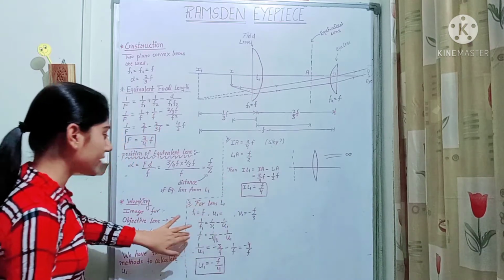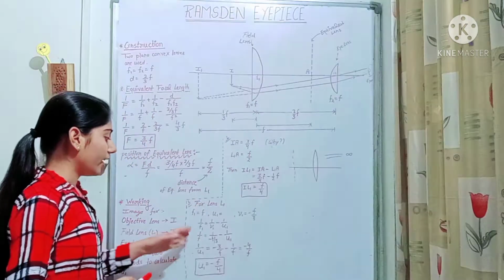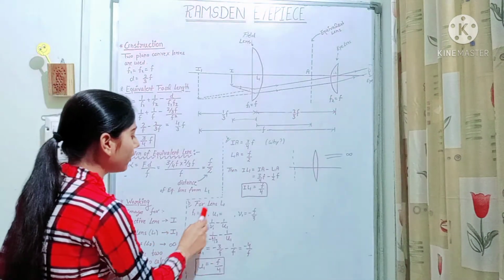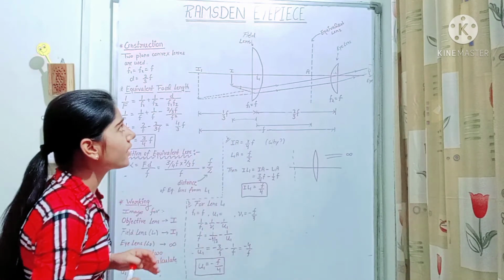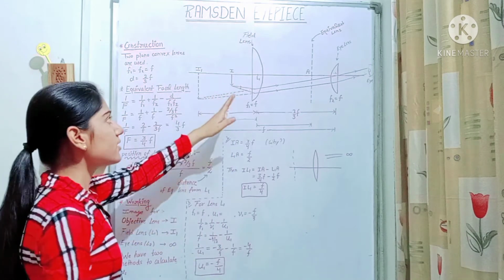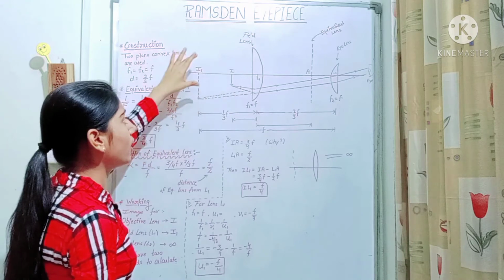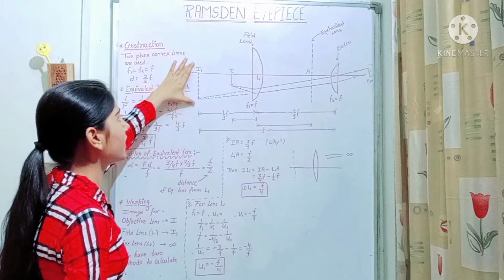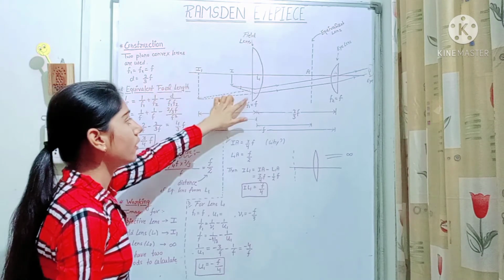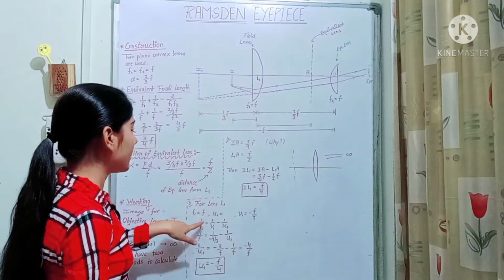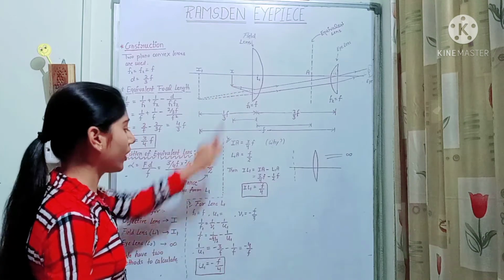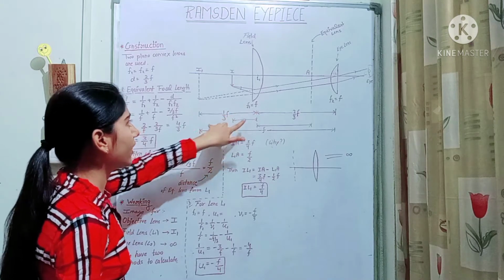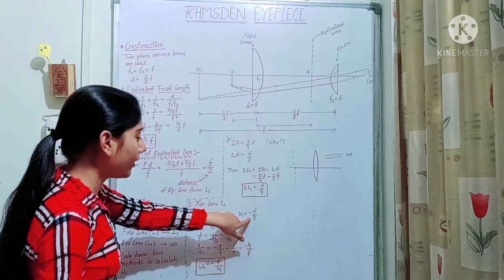Now we are going to our second method. What is our second method? Here we are using the lens formula. So for lens L1, what is our lens L1? Field lens. For the field lens, I acts as the object and its image formed by the field lens is I1. The focal length of the field lens is equal to f. U1 we want to calculate. V1 we know is f by 3. Why are we taking it negative?